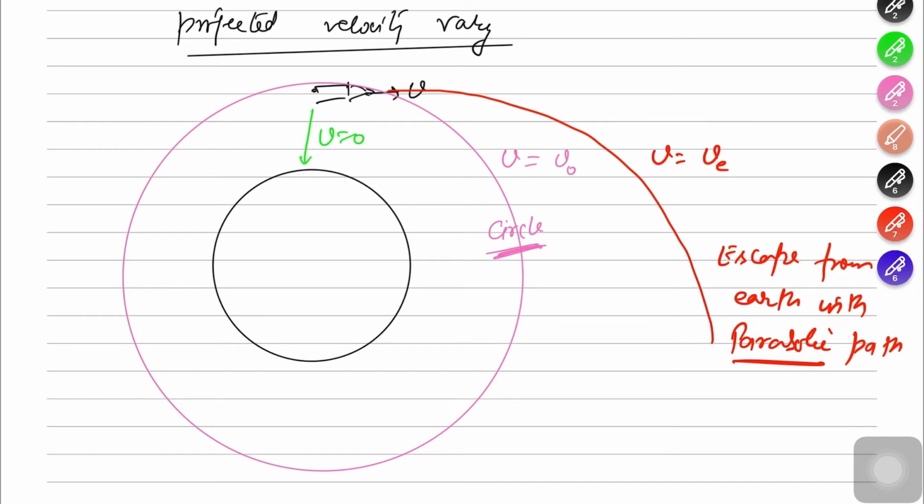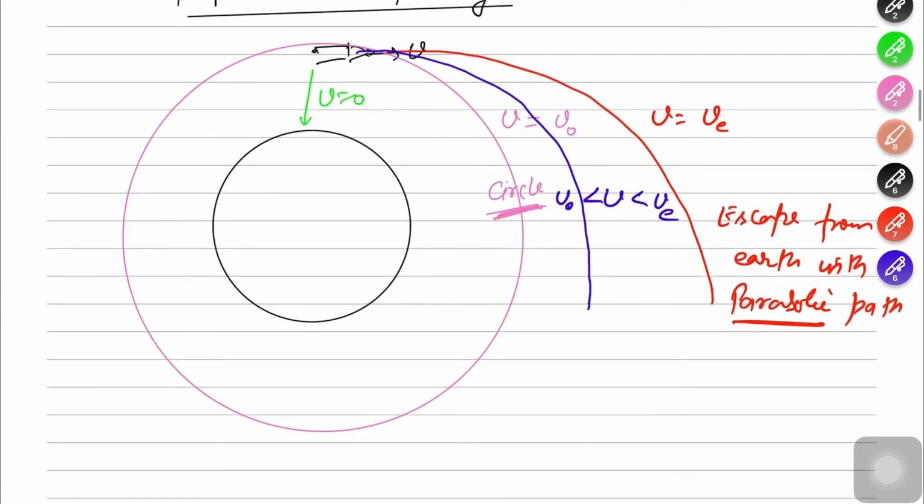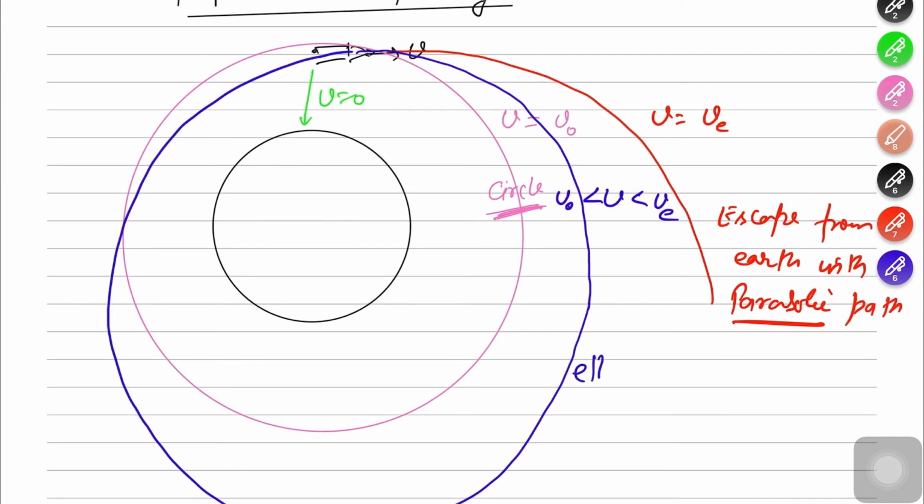And let us suppose it is projected at a velocity greater than the orbital velocity but less than the escape velocity. In this case it will follow an elliptic path.